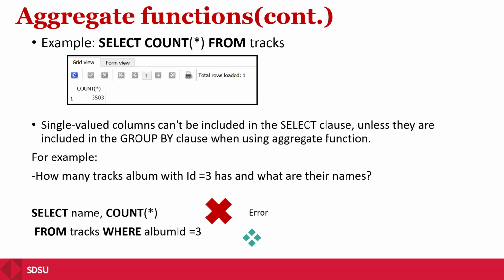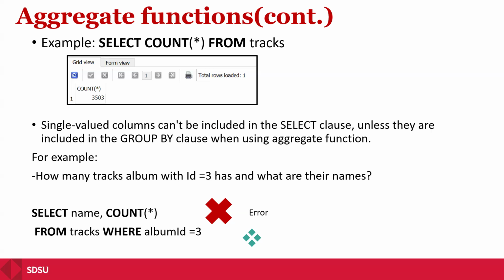Count only works when you write it a certain way. For example, if you execute select name and count asterisk from tracks where album ID is equal to 3, it's going to throw an error. Since you're counting the number of records, name is not relevant, and it's very unclear which name you want to see.